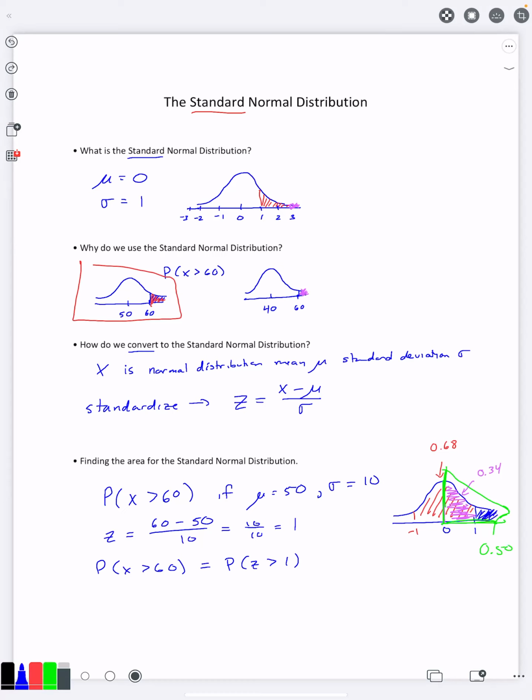And so that means this part here that I'm looking for, it's going to be the green part minus the purple part, is 0.50 minus 0.34, or there's a 16% chance of this happening. Now that was a bit tricky, I will totally admit, but as I said, I will have a separate video where we do this in a calculator and it will just go straight through much easier.